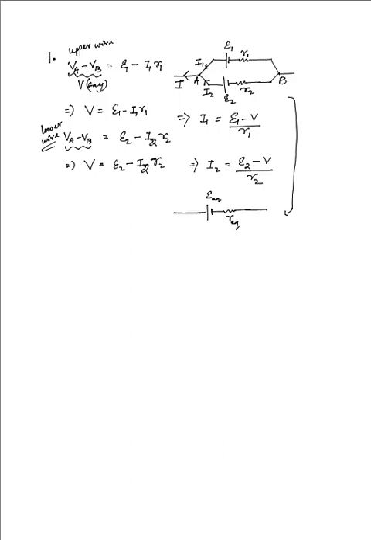We have the current I, and we have the points A and B. Well, in that case, we will have the equivalent EMF minus I times R equivalent, that is the equivalent of the internal resistances in this case, and that will be equal to V, that is VA minus VB. We wish to determine this.